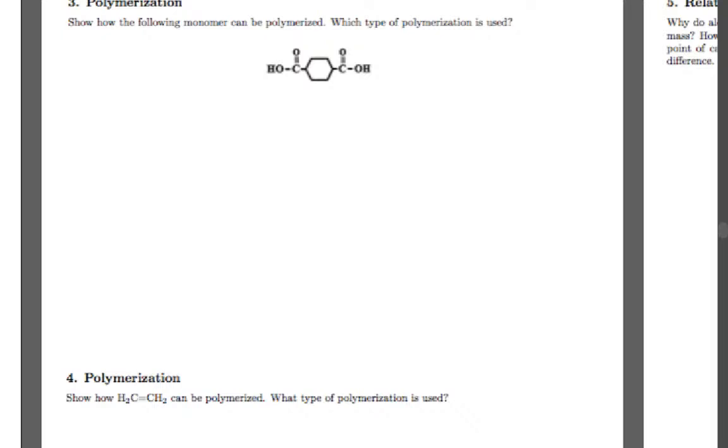Show how the following monomers can be polymerized. According to my intuition, the carbon there with the oxygen has a double bond, which is easily separable.